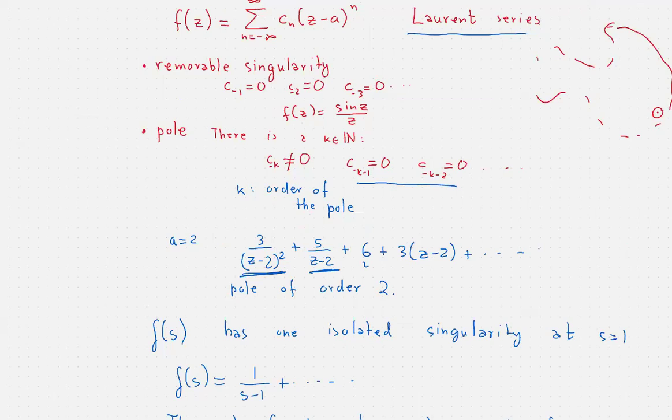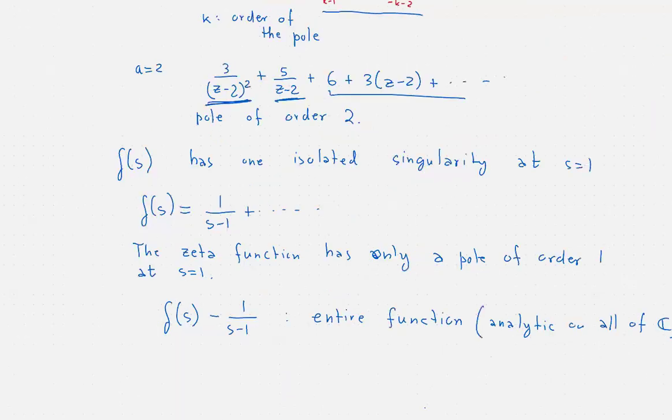In the case that we're mostly interested in, the zeta function, we only have one isolated singularity at s equals 1. And this means that the zeta function has an expansion around that looks like this. It turns out that the coefficient that we have is 1.